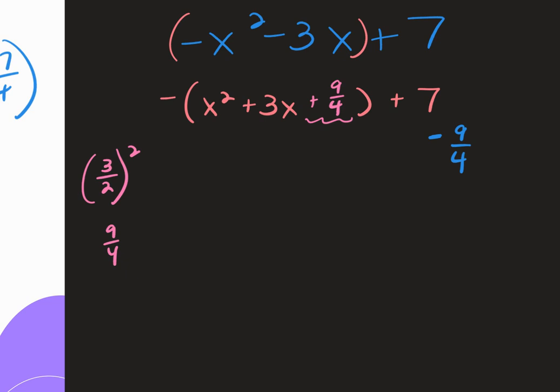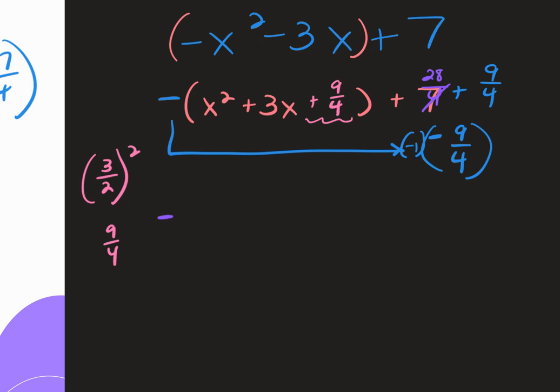But if I took something out, which I did this time, that has to get multiplied by what I just wrote before I combine it with the number at the end. So this turns into a positive 9 fourths. And then 7 would be 28 fourths. The negative stays on the front.